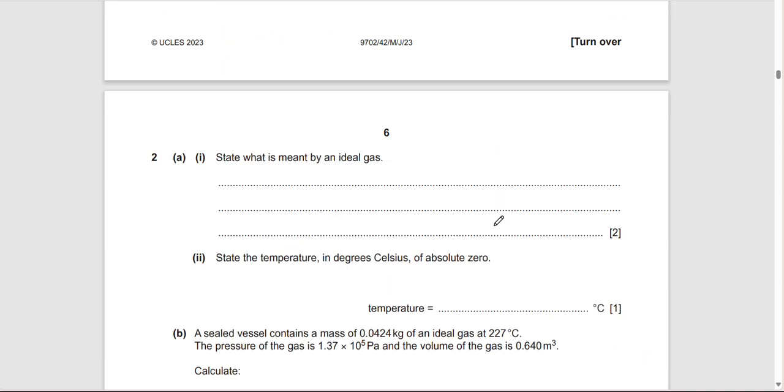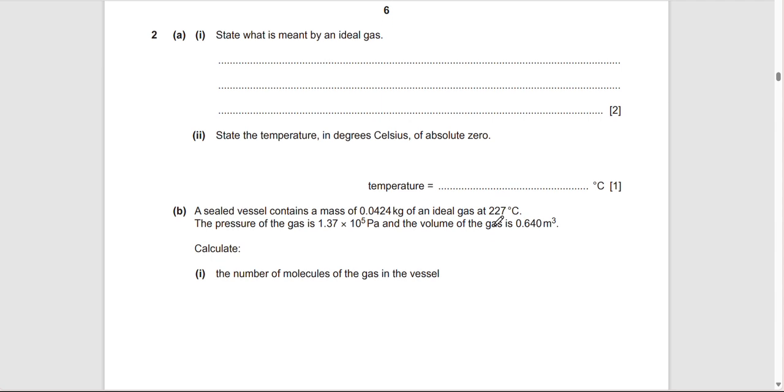All right, next question. Question 2. State what is meant by an ideal gas.